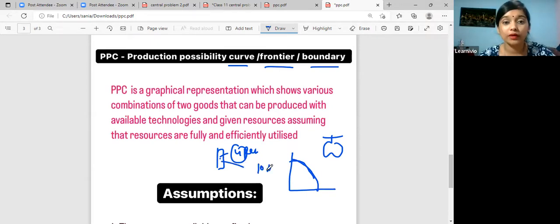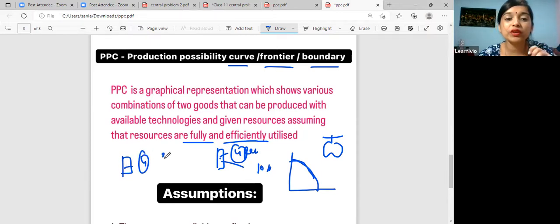This is wrong, right? You have to use resources fully plus efficiently. Fully means you are not going to waste anything. For example, if you can produce 4 pens, you are not going to waste it and produce only 3 pens. Efficiently means you don't overuse it and you don't underuse it. So you have to use resources fully and efficiently, in a good way, in a good ratio.